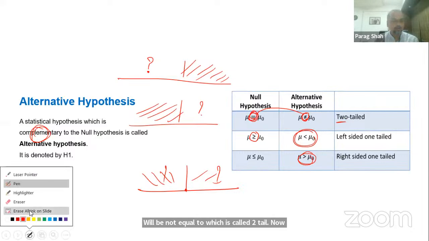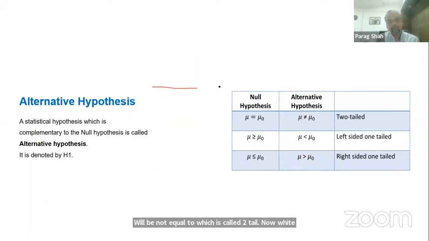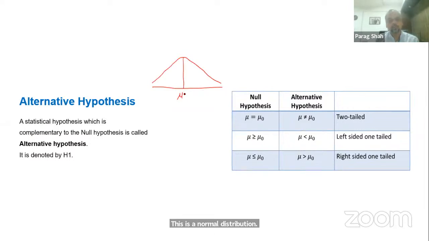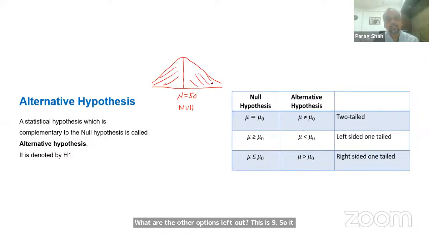Now, why is it called two-tailed? Let me explain. This is a normal distribution, and this is the null, say mu equal to 50. What are the other options left out? It can be either less than or greater than, so it can go on both sides.